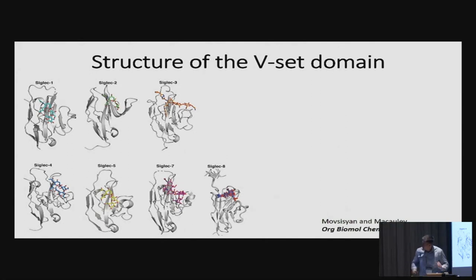What I want you to take away from the structure of the V-set domain is two things. It's anti-parallel beta sheets, and it basically looks like a cup of your hand. So if you just cup your hand, that's where the sialic acid is binding, right in the cup. That is not a deep groove, okay? In my PhD, I studied glycosidases that tended to have a very deep hole where the substrate would go and react. These are very, very shallow clefts.